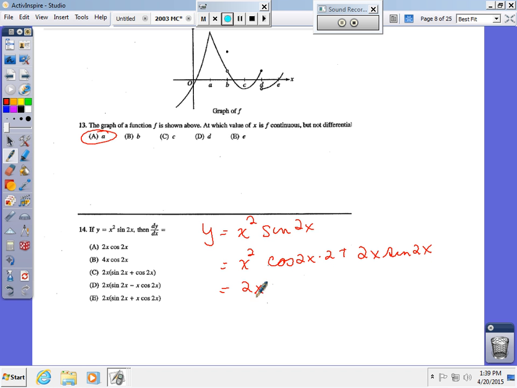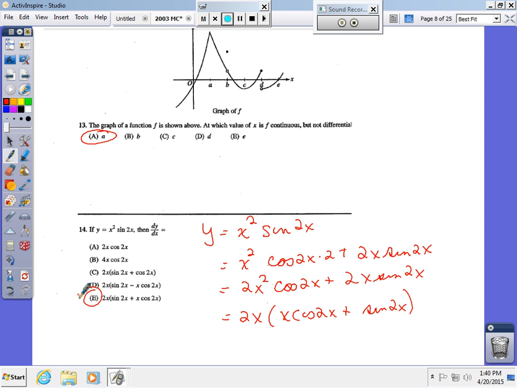So that's going to be 2x squared cosine 2x plus 2x sine 2x. And I believe we can factor out a 2x. And that is going to leave me with 2x times x cosine 2x plus sine 2x. Well, let's see where that one is. I believe that is E.